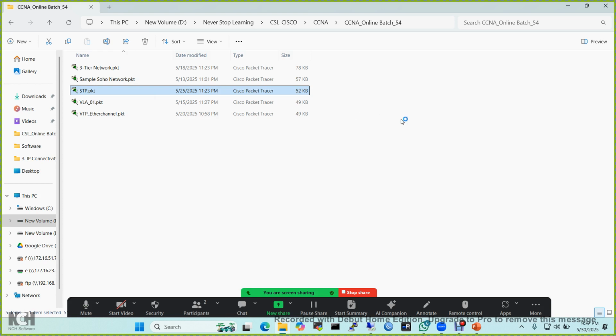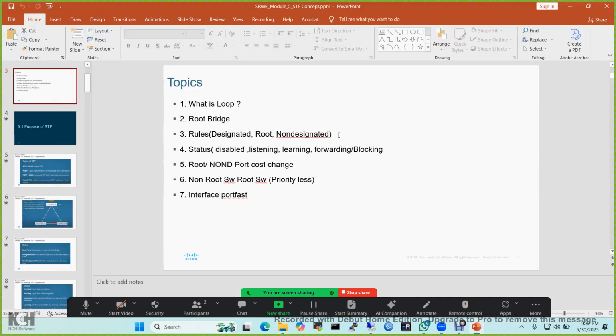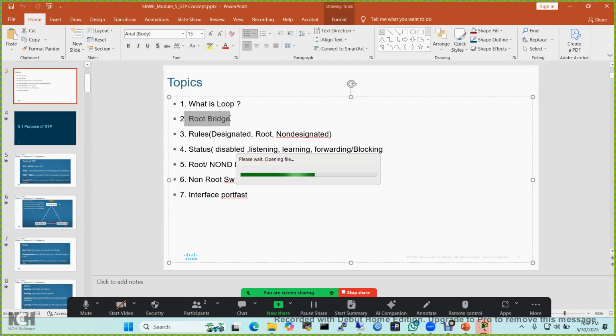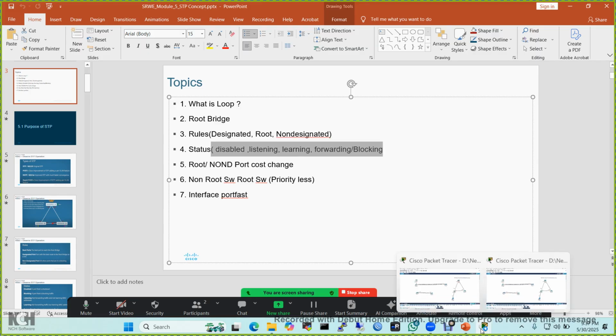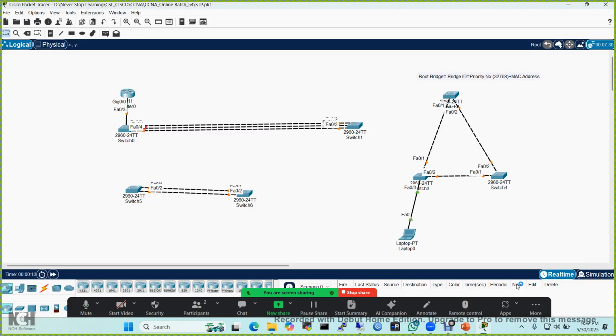It will make us more clear. Before going there, what is root bridge? We need to know this term first. Then there are some rules of the ports, and there are some statuses of the ports. We will go to these points. Here is my packet tracer.